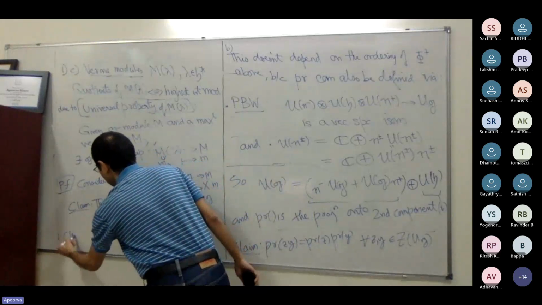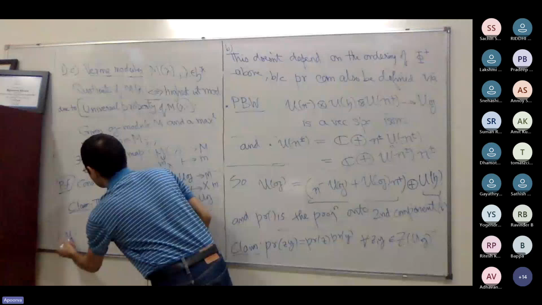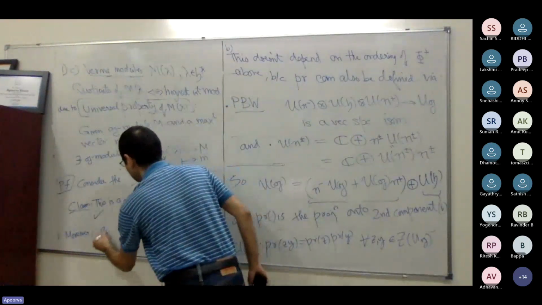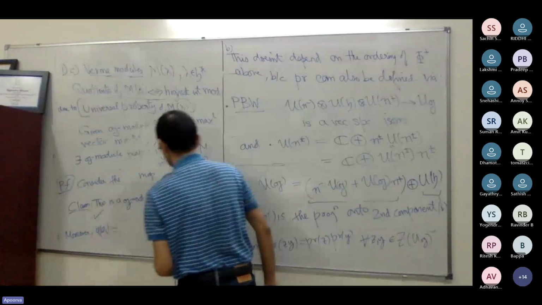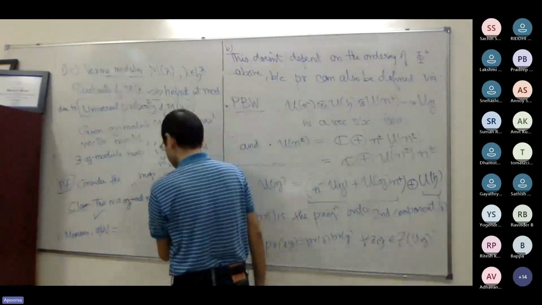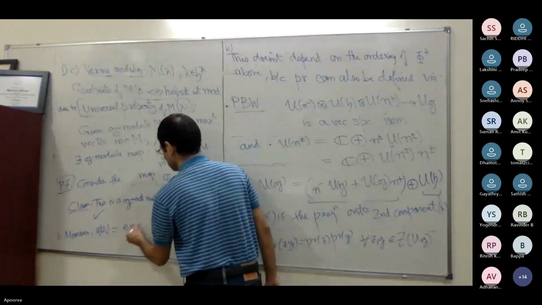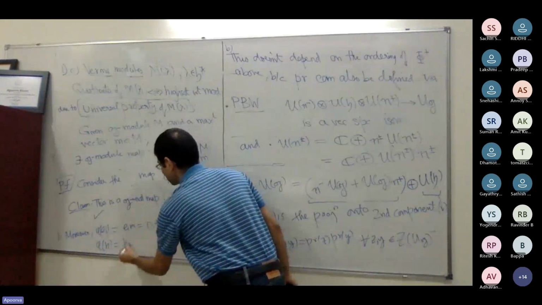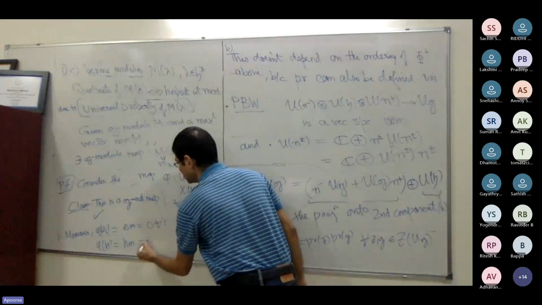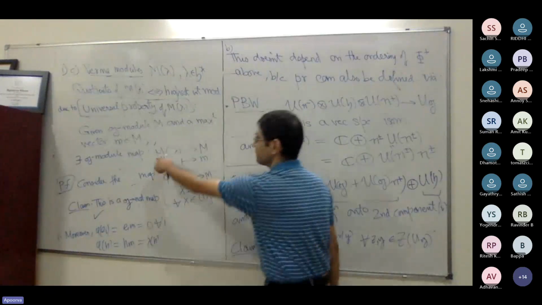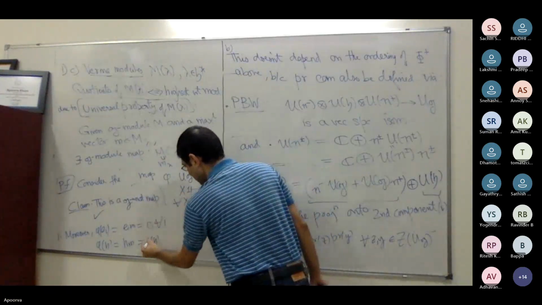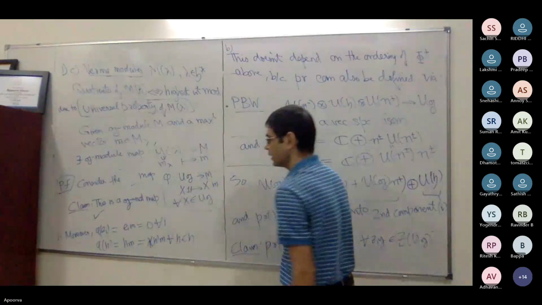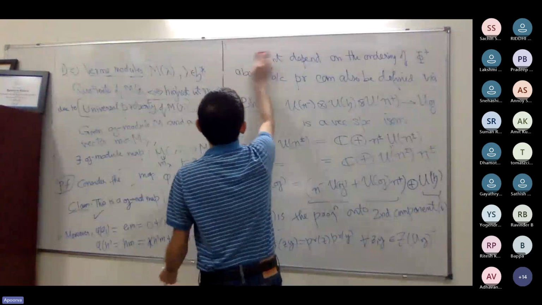But claim 2, moreover, what happens to E_i? Phi of E_i is E_i times m, which is 0 for all i. And phi of H is what? It is H times m. And H times m is lambda of H times m, because m is given to be in M lambda, for all H in the Cartan subalgebra. And what does that mean? It means that there is some kernel of this map.